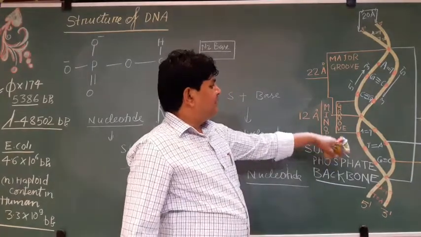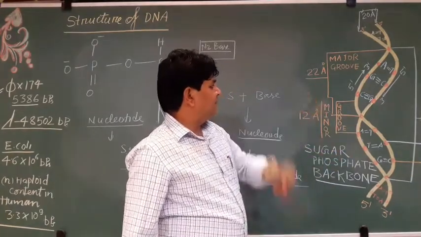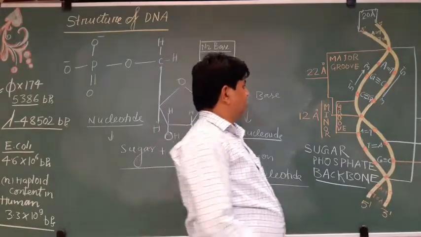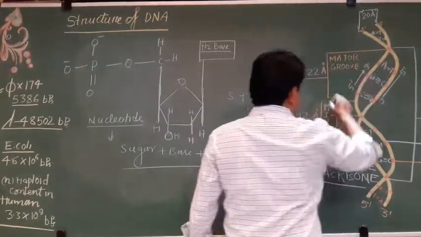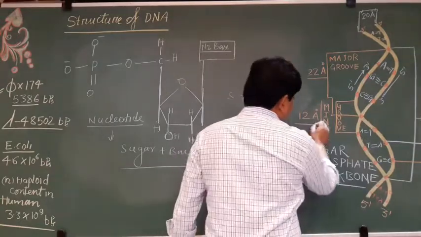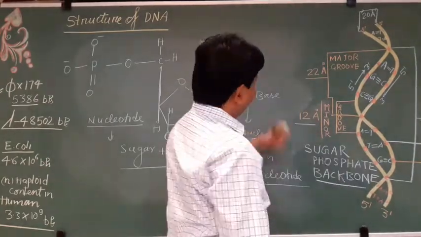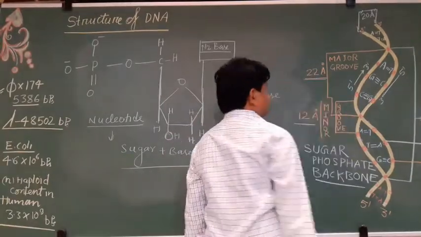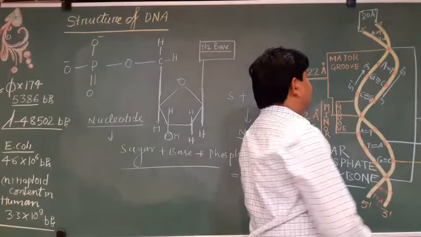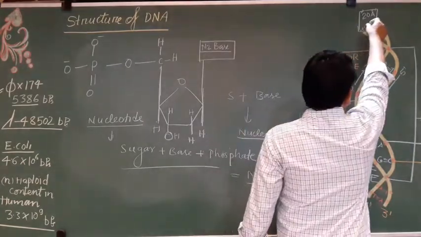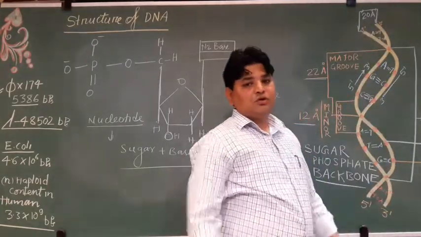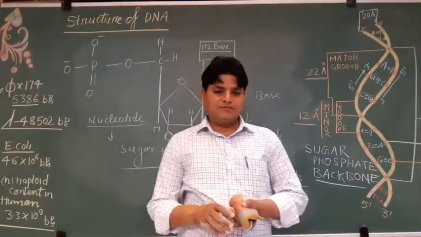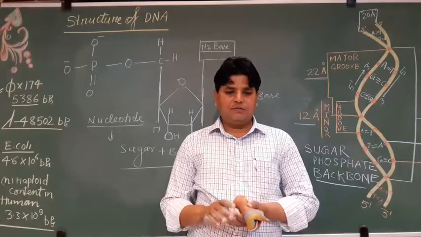So the distance across 10 base pairs is 34 angstrom. The minor groove is 12 angstrom and the major groove is 22 angstrom. So these are the dimensions of the DNA, and the width between the two strands is 20 angstrom. All these measurements of DNA are very important from every point of view.